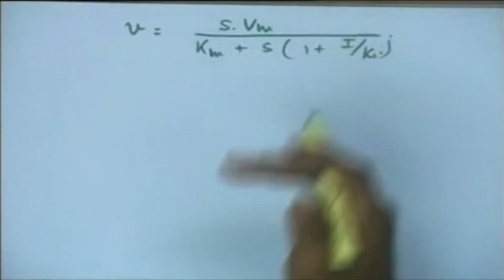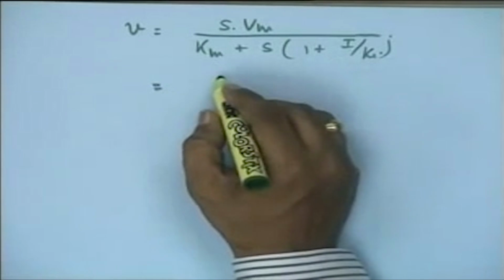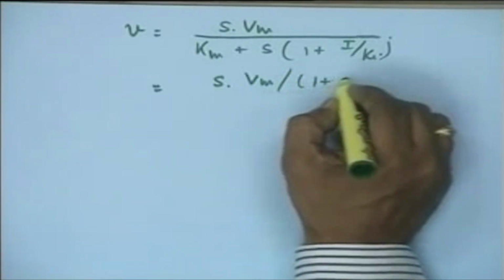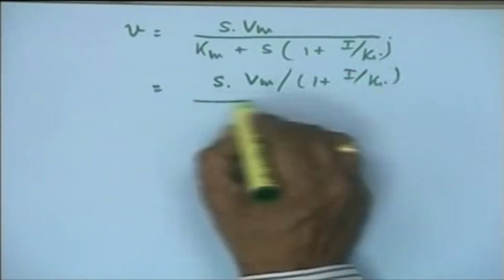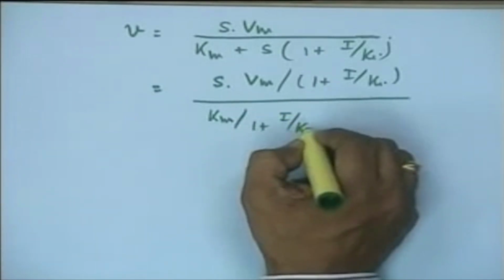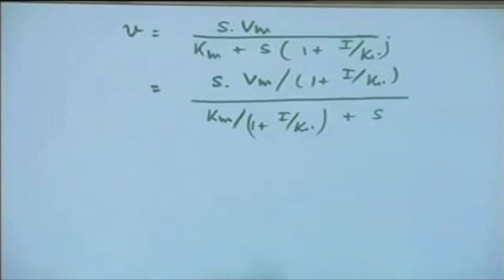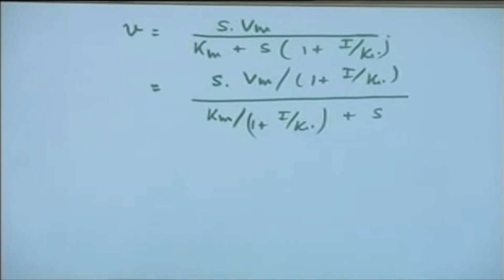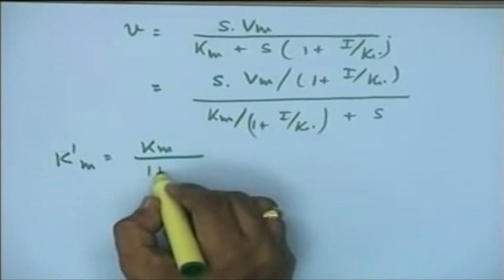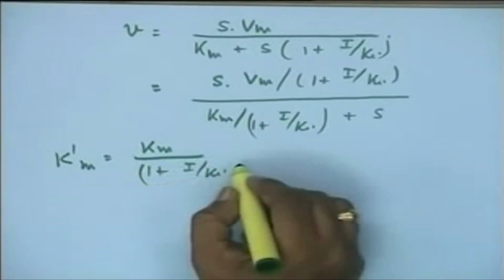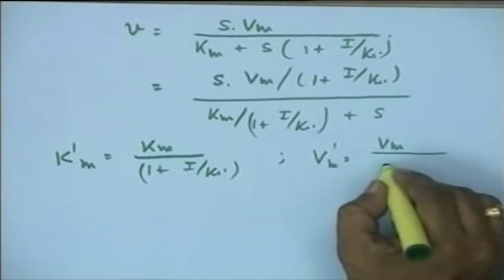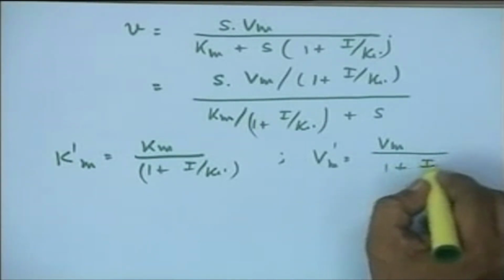Again, to bring it into the same format as the Michaelis-Menten equation, we divide both numerator and denominator by (1 plus I over Ki), giving Vm upon (1 plus I over Ki) whole, upon Km upon (1 plus I over Ki) plus S. You notice that K dash m is equal to Km upon 1 plus I over Ki, and V dash m is equal to Vm upon 1 plus I over Ki.